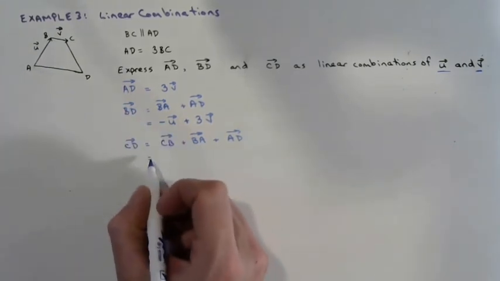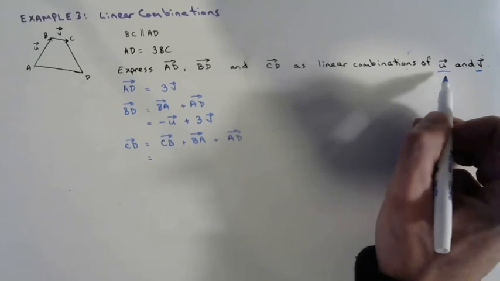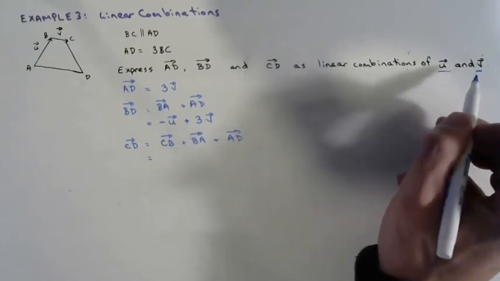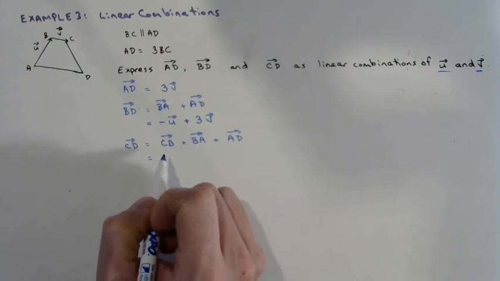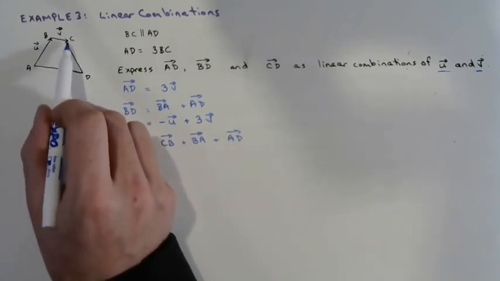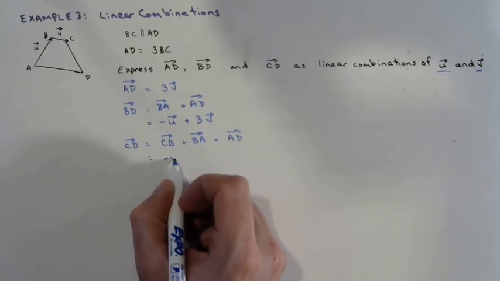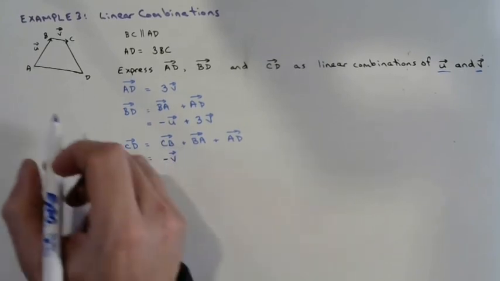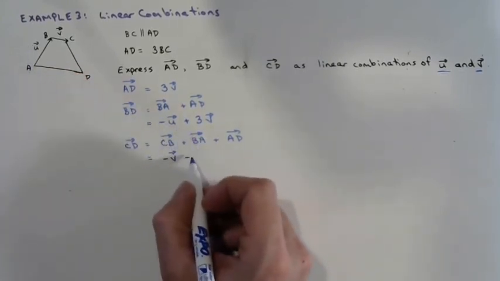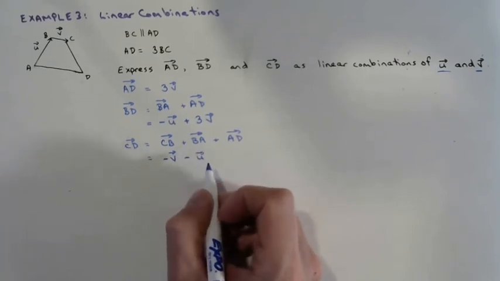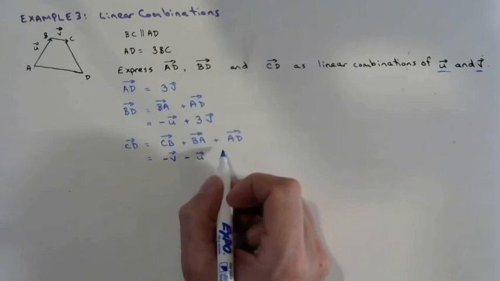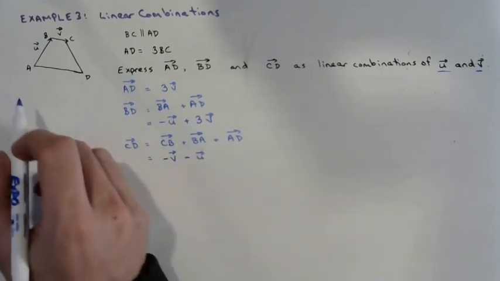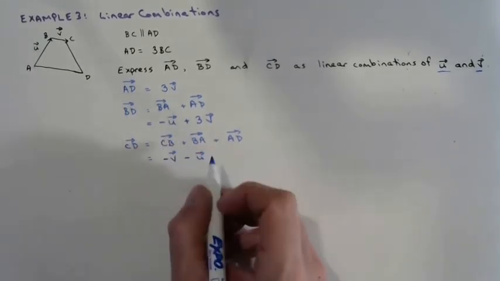And now representing those as linear combinations of u and v, we have CB, that's the opposite of v, so we have negative v. BA is the opposite of u, so we have minus u, or you could write this as plus negative u. And then we have AD, which is 3 times vector v, so we're going to add 3v.